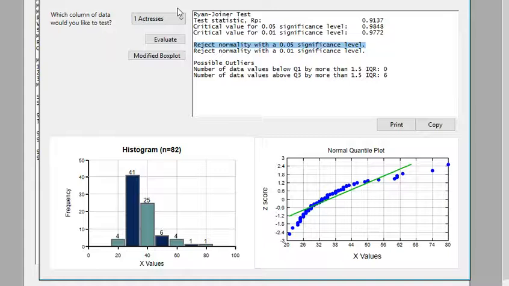Like I said, there's a couple different tests that you can make, but usually what you do is you use several of these things together. You don't just look at one piece of evidence. You look at the histogram, you look at Kolmogorov-Smirnov test, you look at the normal quantile plot, and you make kind of an overall judgment. You don't necessarily base it just on one piece of evidence. So you look at several.